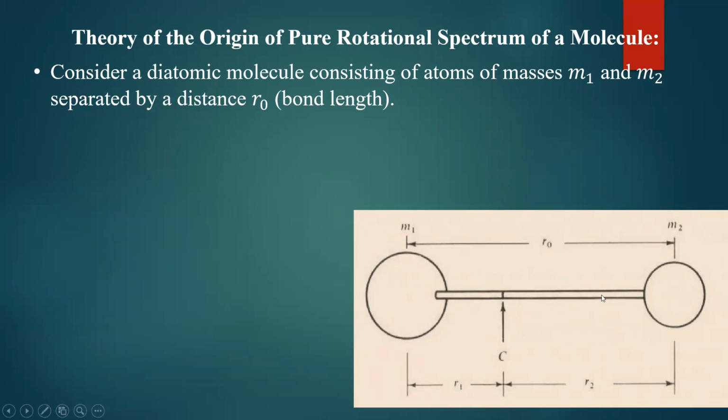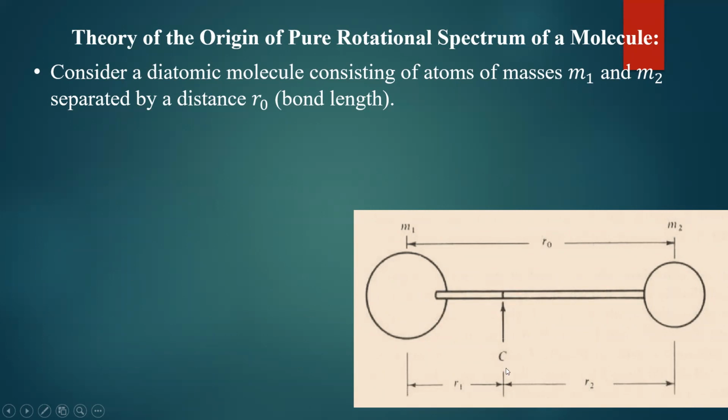So it is a diatomic molecule consisting of two atoms, one atom having mass m1, another having mass m2, and the distance between the centers of atoms is r0, which is considered to be the equilibrium distance or bond length of the molecule. Now the mass of the first atom, m1, is greater, that's why the center of mass of the molecule lies near m1.